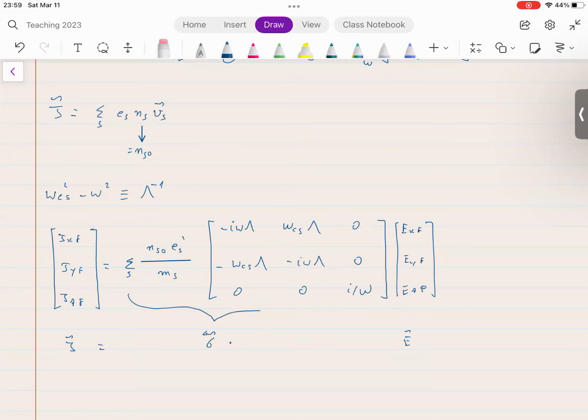That matrix is the conductivity tensor. And we can use that to define the dielectric tensor.